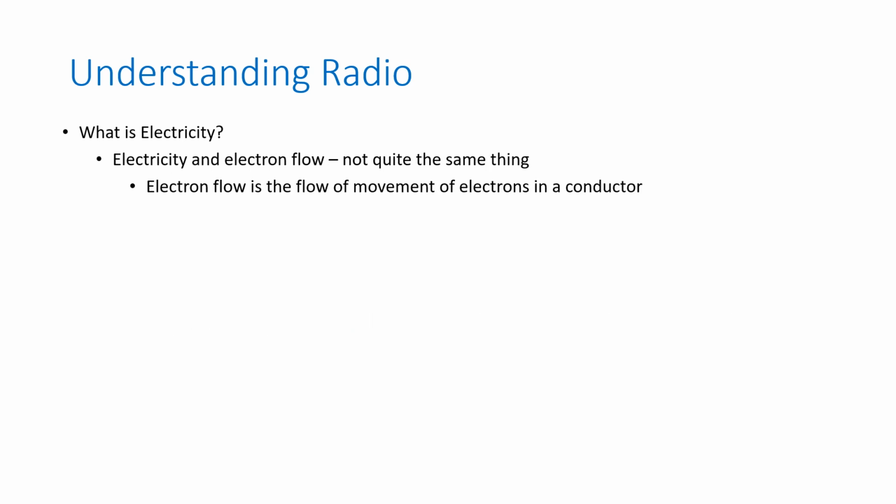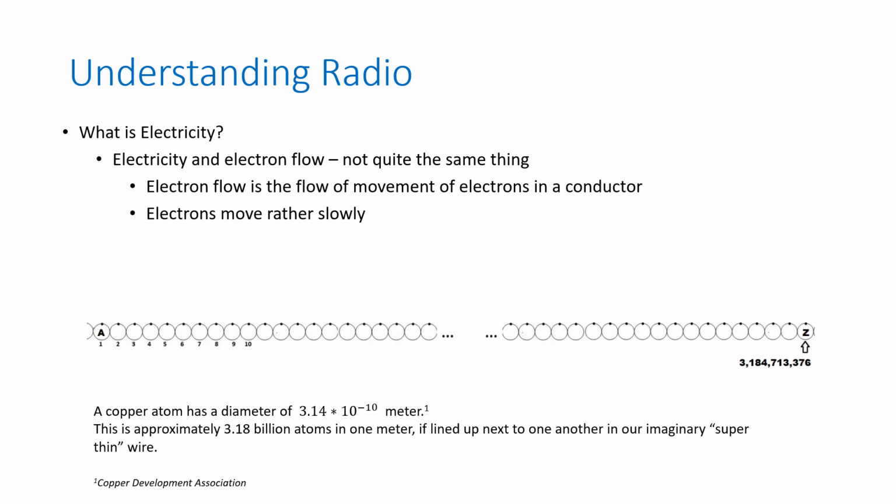Now we're really going to get down to it. If electron flow is the movement of electrons in a conductor, we've got to keep in mind that electrons move rather slowly. You've heard that electricity moves at the speed of light. Well, it does.